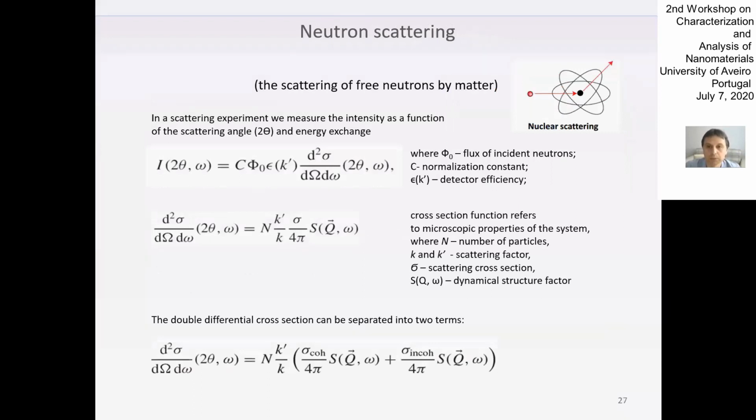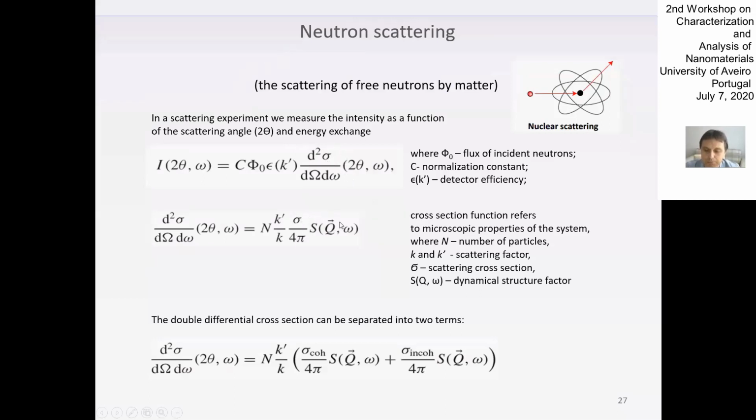A few formulas, but they are quite important. We have to know the intensity of scattering, and the intensity is a parameter which says about the value of interaction between the incident radiation and the matter. And one of the important parameters here is the cross-section, sigma.